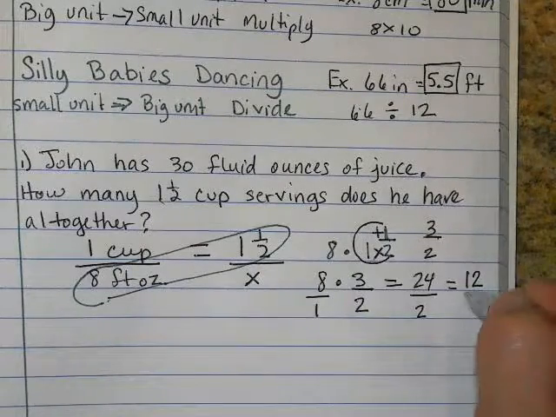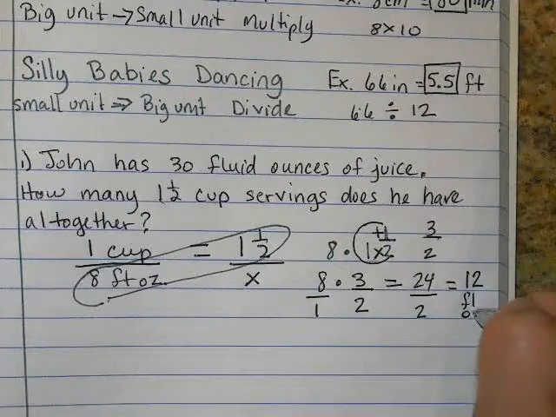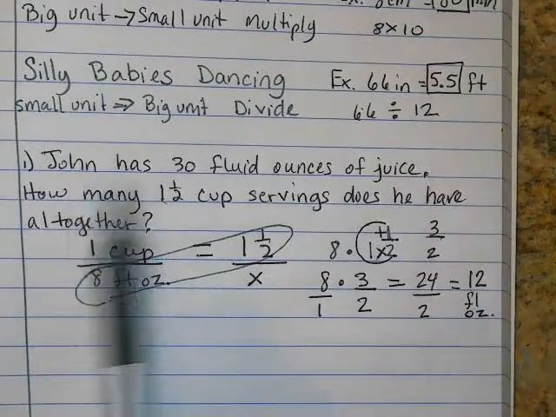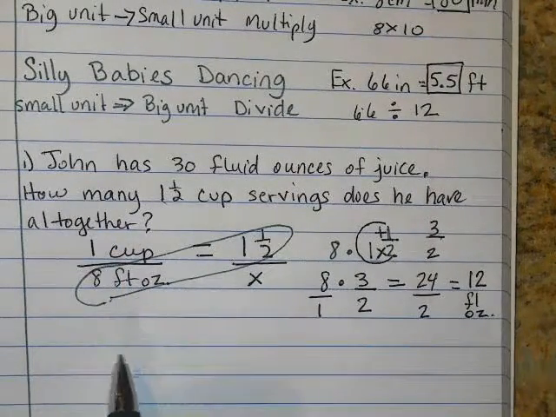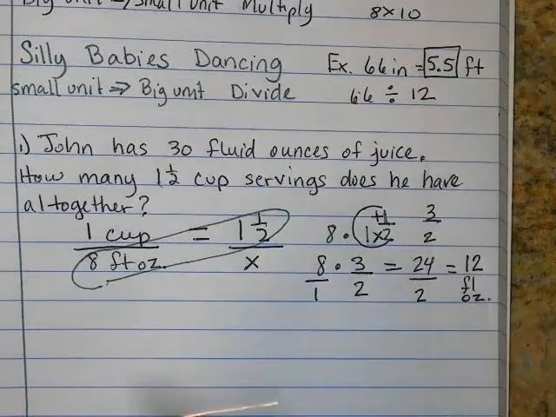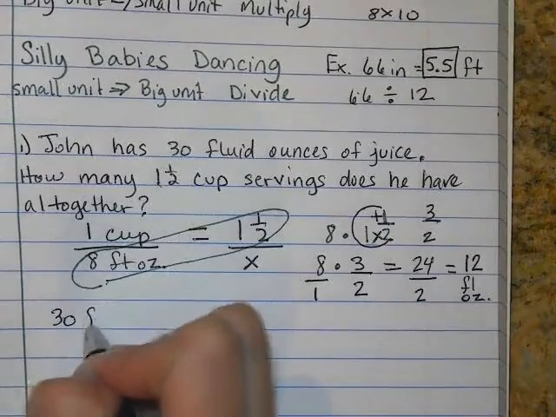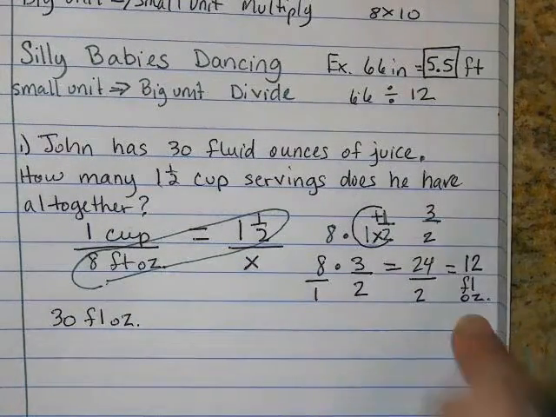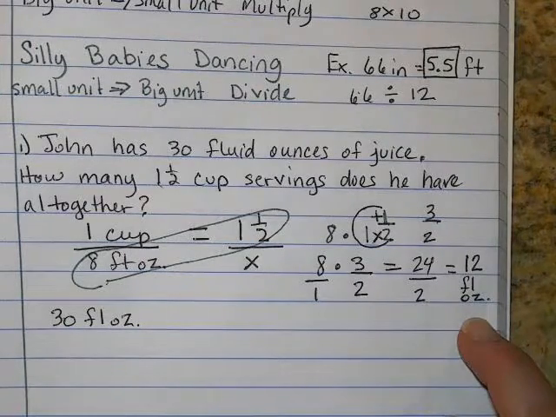So now that we have that information, I can take a look at the other part. It says he has 30 fluid ounces of juice, and how many 1.5 cup servings does he have altogether? So now I'm going to take my 30 fluid ounces and use my 12 fluid ounces, right?